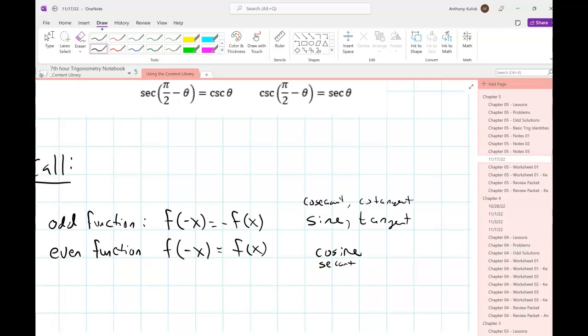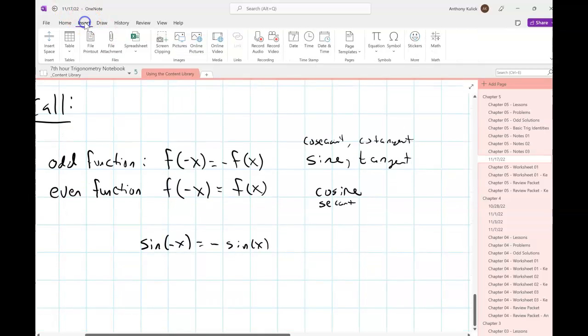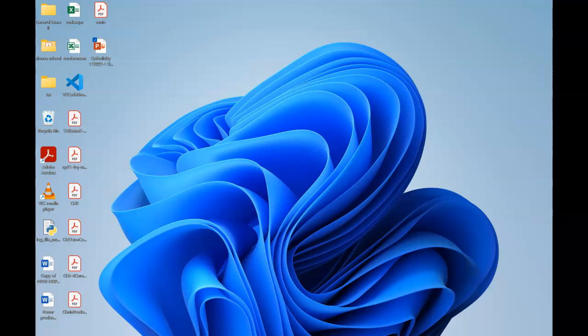So, since sine is an odd function, the same property of odd functions should apply, that sine of negative x should give me negative sine of x. That's an identity. I can do that for all of the odds and all of the evens.